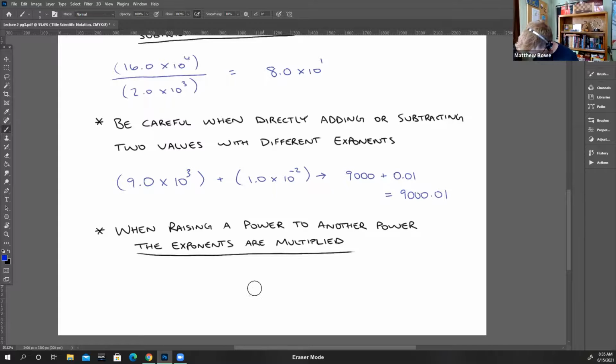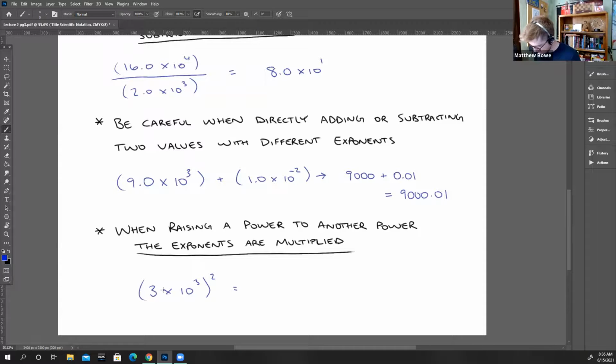And that is simply, if we had something like this, I don't know, 3 times 10 to the third power, and we have to square the whole thing.